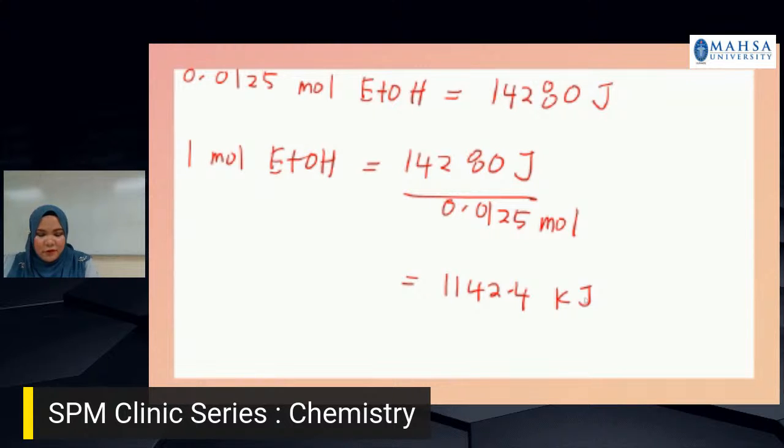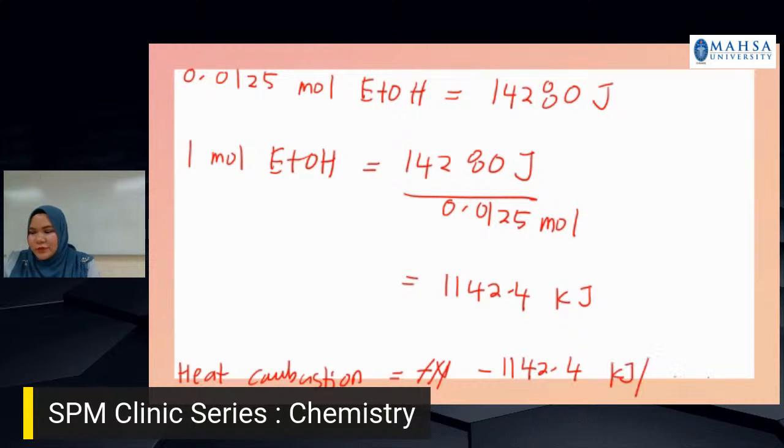Okay, so since this one is combustion, you can see heat of combustion. So therefore your heat of combustion should have a negative sign. So the negative sign here indicates an exothermic reaction. So therefore, the answer should be negative 1142.4 kilojoule per mole.